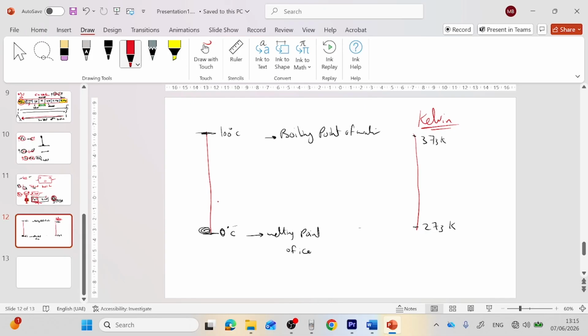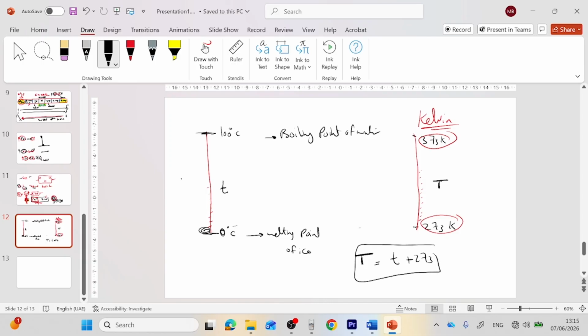So as you can see, this scale is divided into 100 divisions, and this scale also is divided into 100 divisions between the melting point and the boiling point. So if we give the symbol small t for the temperature in Celsius and capital T for the temperature in Kelvin, we will find that capital T is equal to small t plus 273.